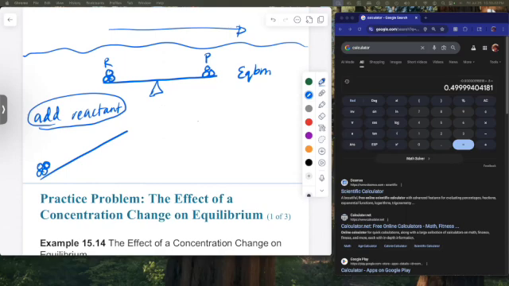This analogy may not work very well because it doesn't necessarily work like weights, right? Whatever you add here, the system will actually work to remove everything you added, not some of it. So when it does so, you get to a new equilibrium where we have 3 on the reactant side, but the additional amounts you added got moved to the product side, and we're now at a new equilibrium.